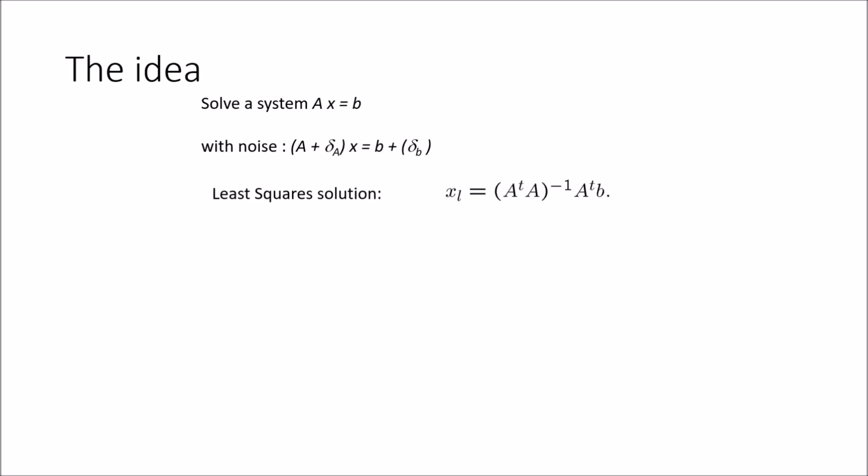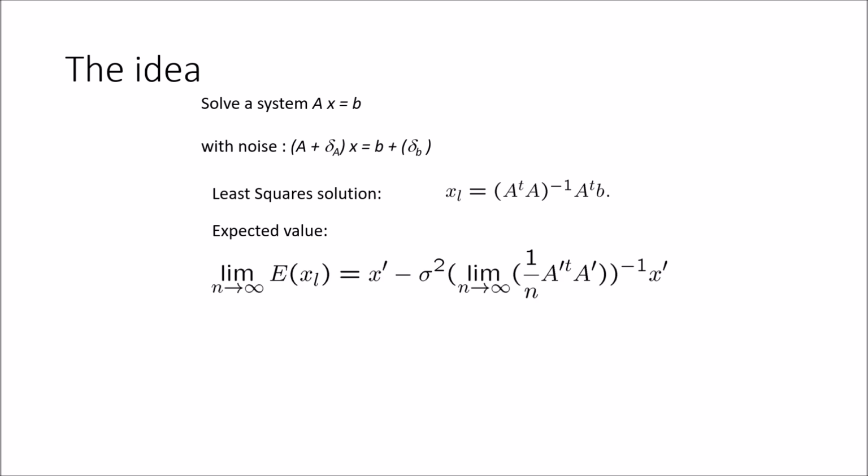The idea for the bias is as follows. We solve an equation system of the form Ax = b. We solve for x. With noise, however, we have it in the form (A + delta A) x = b + delta b. A least squares solution can be written in closed form as (A^T A)^-1 A^T b.